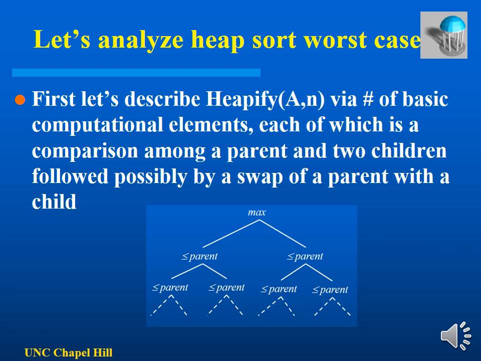We have to carry out this basic computational step of three comparisons and a swap at worst for each of the (n+1)/4 elements at that level. So we have n/4 total of these computational elements to do.